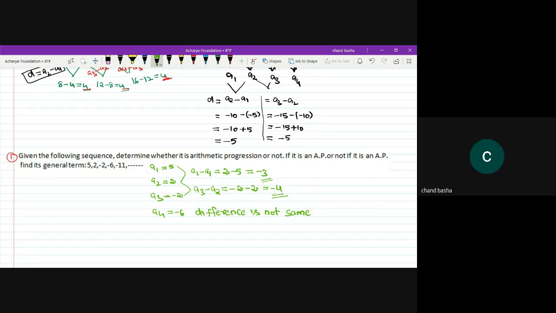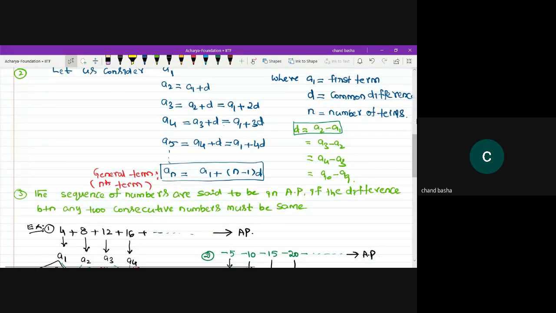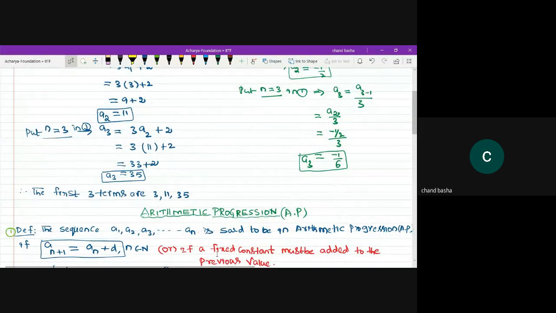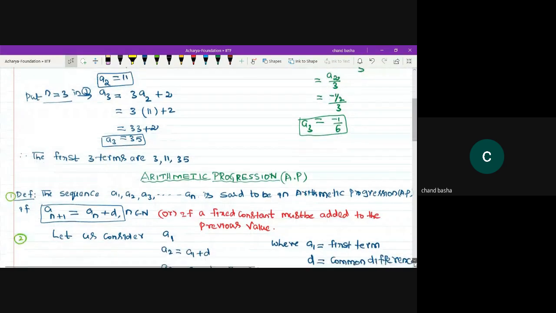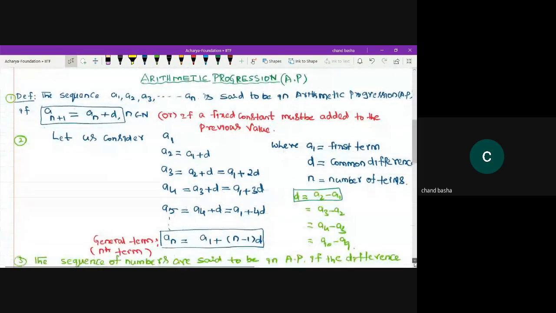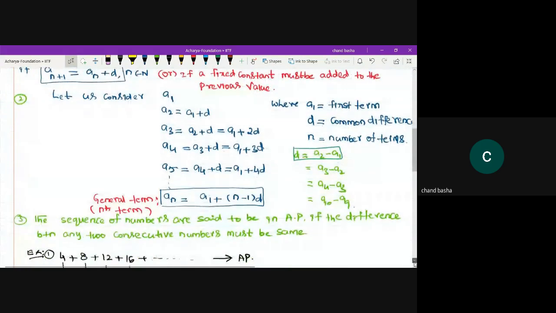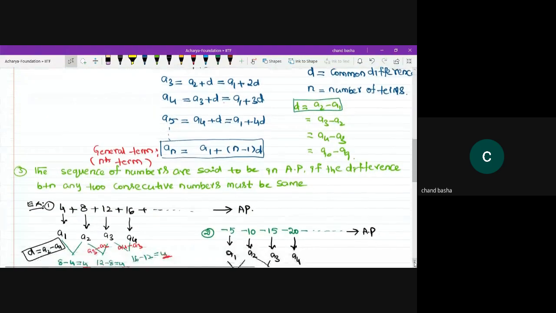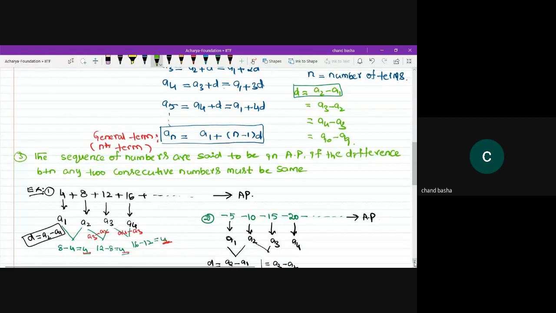As I have given the definition: a fixed constant must be added to the previous value. Or, the third point, a sequence of numbers is said to be in AP if the difference between any two consecutive numbers must be the same. Clear?